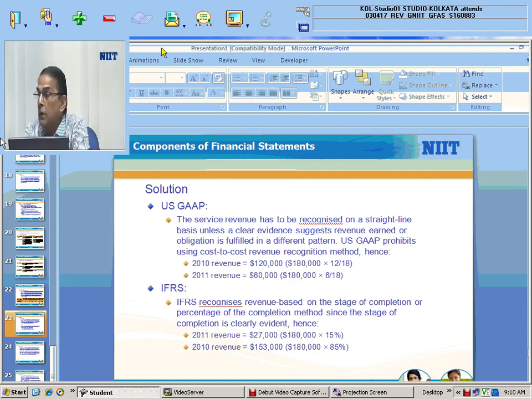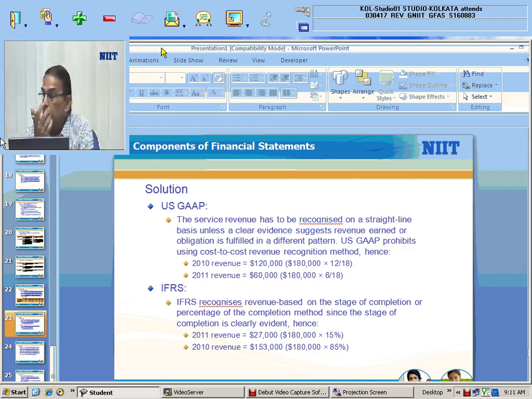So it comes to 1,20,000. And 2011 revenue will be the remaining 60,000, which is the total revenue for the 6 months period, 1,80,000 into 6 by 18. So under US GAAP, the revenue recognition for 2010 will be 1,20,000 and for 2011 will be 60,000 under this contract.